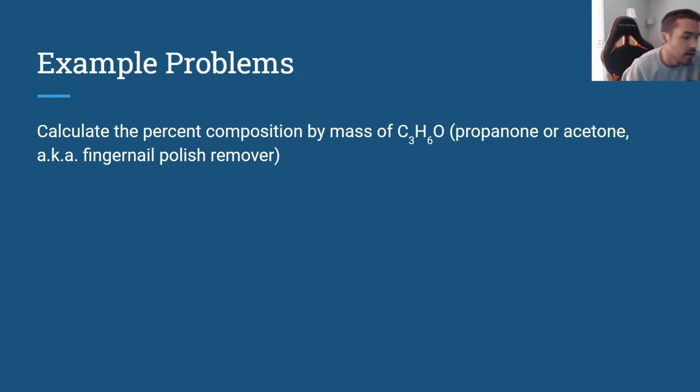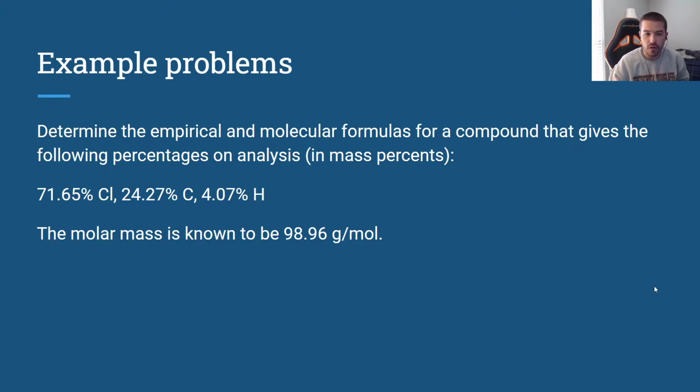I will show you guys the next problem. We'll talk about it and then we'll go ahead and solve it. All right, we need to determine the empirical and molecular formulas for a compound that gives the following percentages on analysis in mass percents. So we have some mass percentages. Say you just calculated these, for example. The problem is we don't know what the empirical or molecular formula is for the compound, and we want to know what that is.